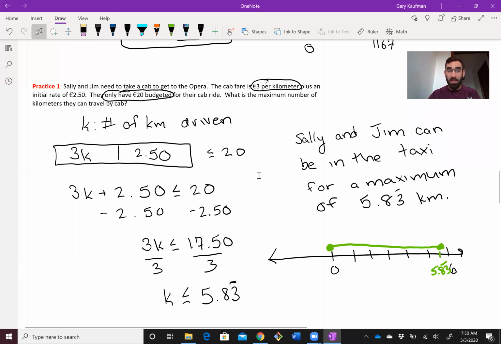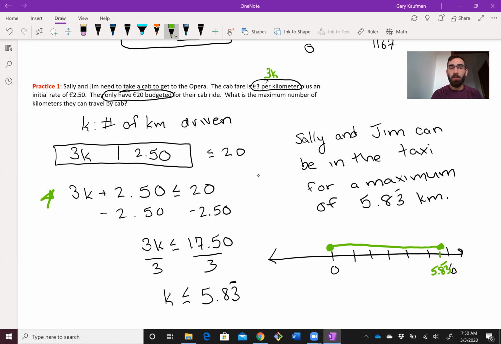So here is the answer to practice number 1. I've defined K as the number of kilometers driven. So I used 3K plus 2.5 is less than or equal to 20 as my inequality. I got this because I saw 3 per kilometer. So that tells me multiply the kilometers by 3.